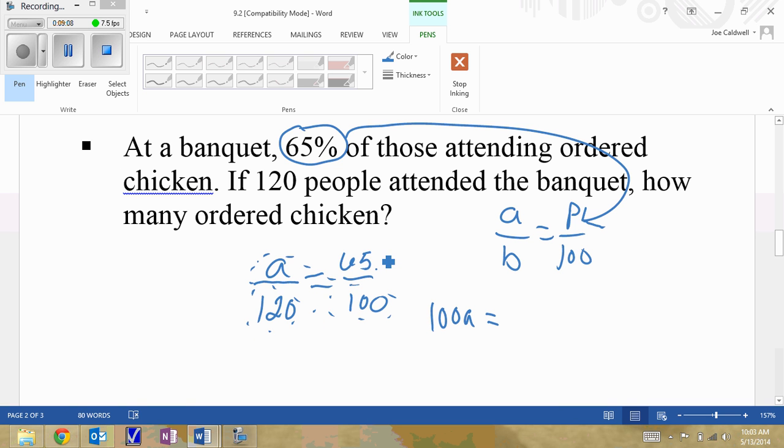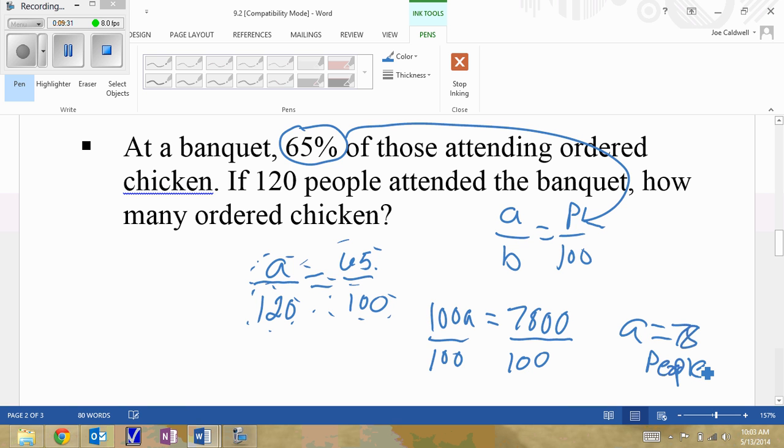And 120 times 65 equals 7,800, which makes a nice easy division algebra problem here, where A would equal 78. Of course, it's a story problem, so we should label it with people out of the 120 ordered chicken. So that's an example where we are solving for the part, which would be the A value there.